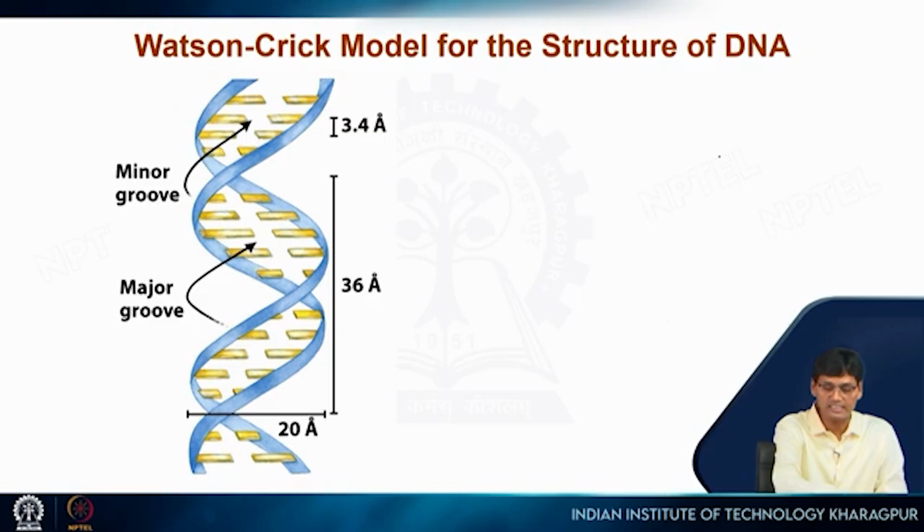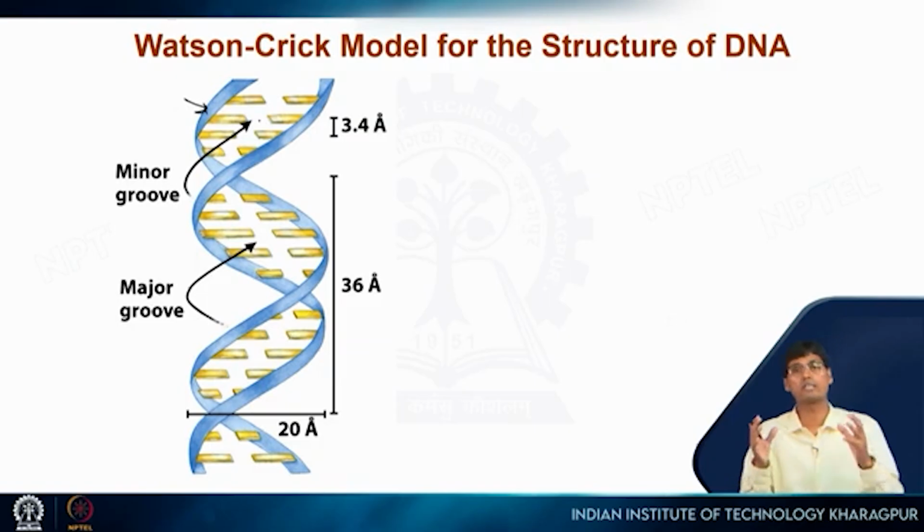As you can see here, whatever we are showing in blue color is the sugar-phosphate backbone, and in between them, the nitrogenous bases form the hydrogen bonding. This is very important. From their structure, they found a lot of parameters.